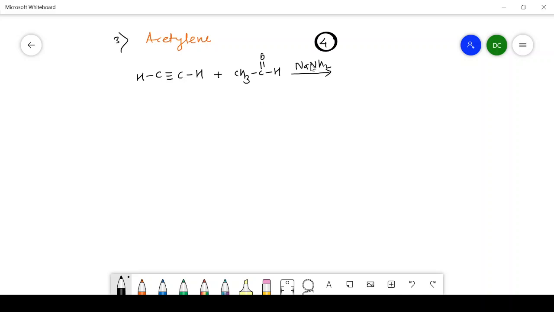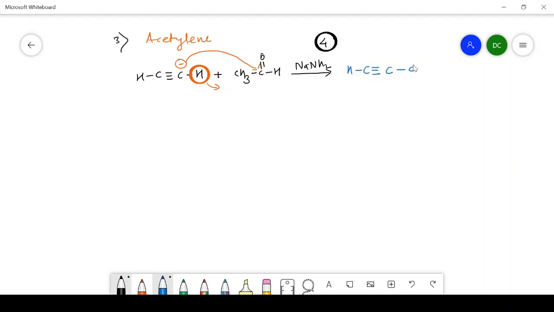then what happens? This sodamide will remove this hydrogen, and this carbon possesses a negative charge. So there is a formation of acetylide, and due to this acetylide, this carbon then attacks the C double bond O group in the acetaldehyde, and it will form this type of compound, hydrogen, carbon, triple bond, carbon.